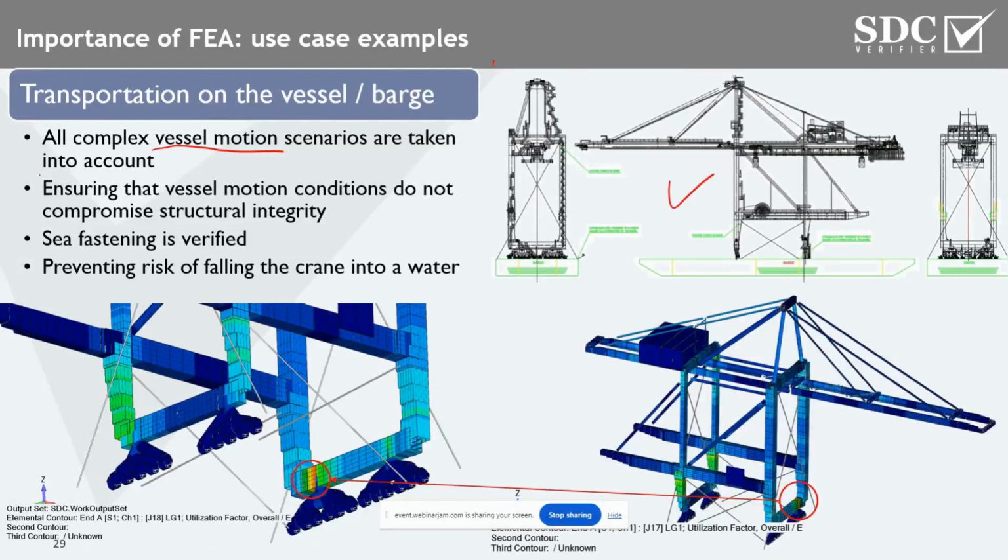So we are simply ensuring that all these vessel motions do not compromise structural integrity. All kinds of sea fastening can be verified and also designed. And what's more important, we're preventing the risk of falling of the crane into the water.